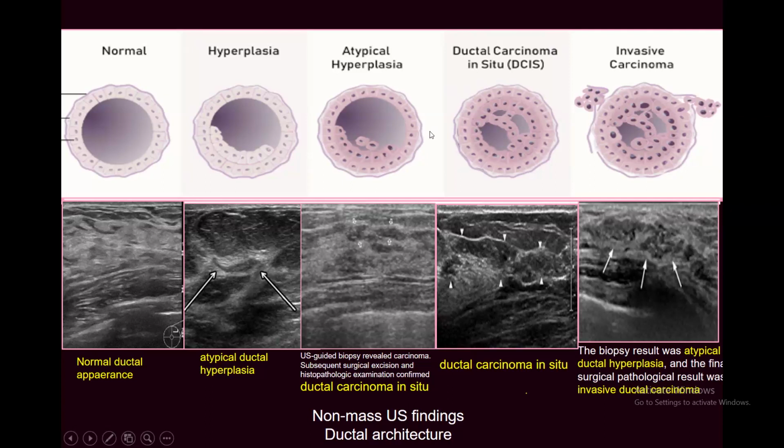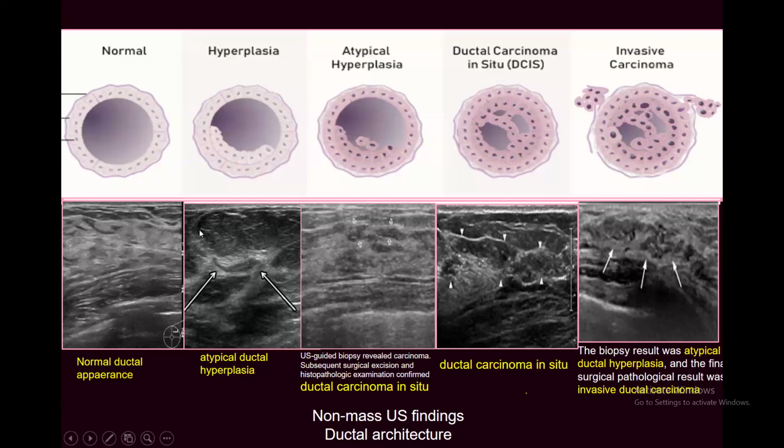This is borderline atypical ductal hyperplasia going into ductal carcinoma in situ, and then reaching the basement membrane or the myoepithelial layer and spreading into the adjacent breast tissue. This is the progress of the malignancy through the ductal or ductolobular epithelium.